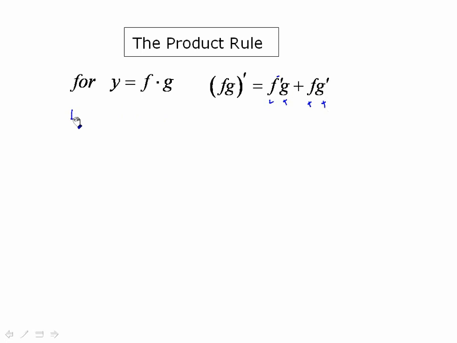If you use Leibniz notation, we would get this. The derivative d/dx of some function uv, so the product of u times v, would be equal to the derivative d/dx of the u function times v plus the u function times dv/dx.